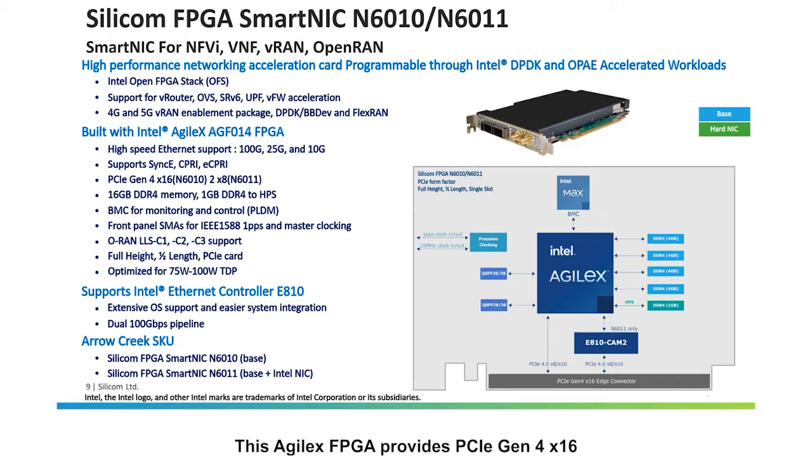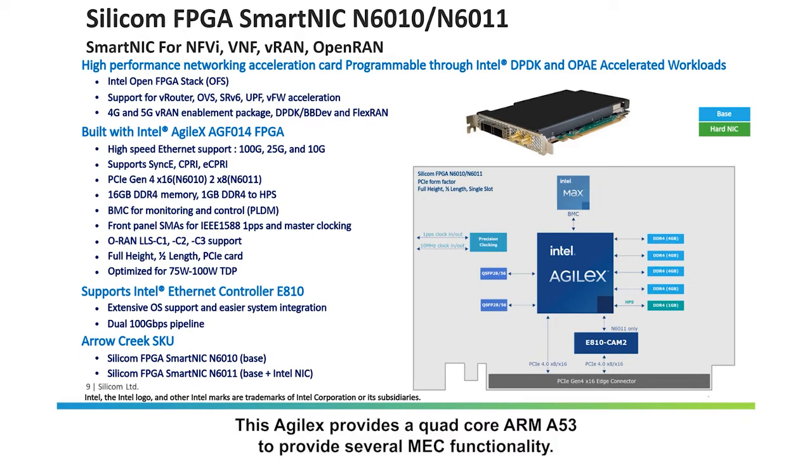This Agilex FPGA provides PCIe Gen 3 by 16 and 16 gigabytes of DDR4 memory for both the logic and the hard processing system.